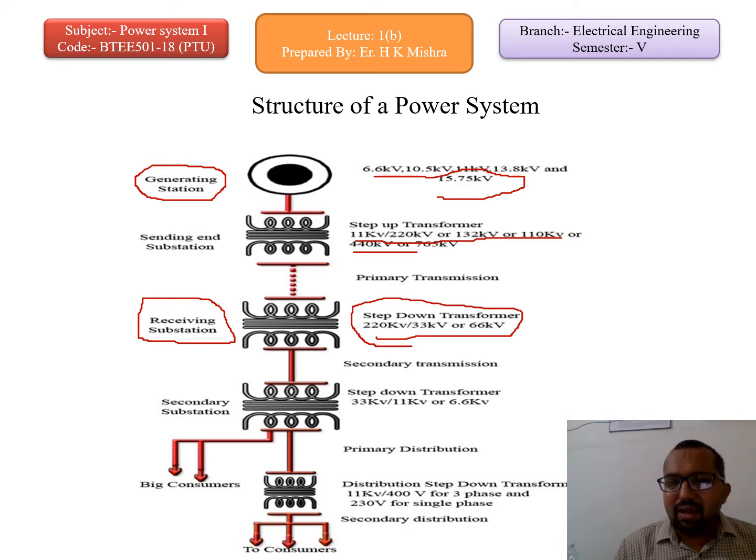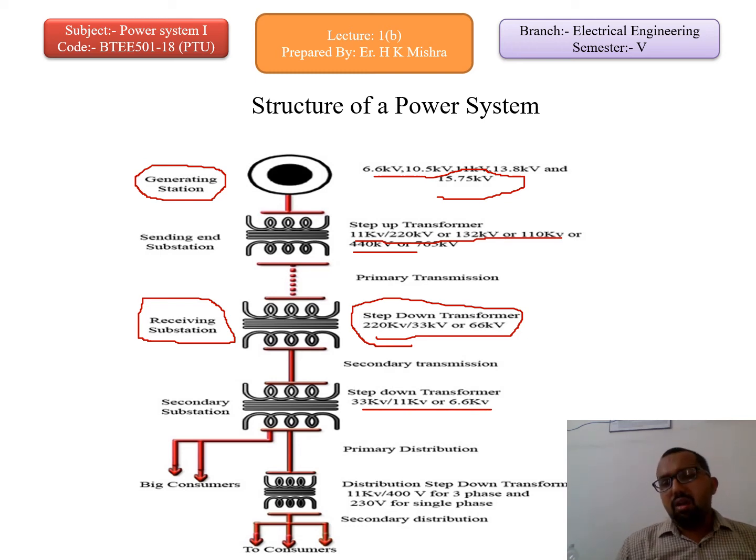So we can see the step-down transformer from 220 kV, stepped down again to 33 kV or 66 kV. Then when we go for secondary substations, we have lower-range substations like 33 kV, 11 kV and 6.6 kV substations.